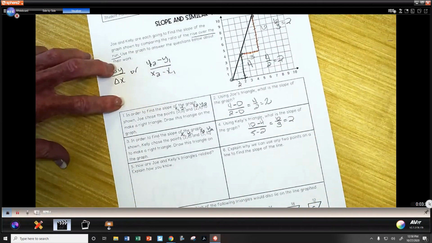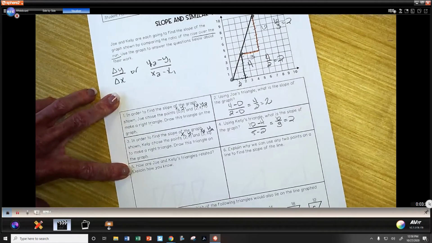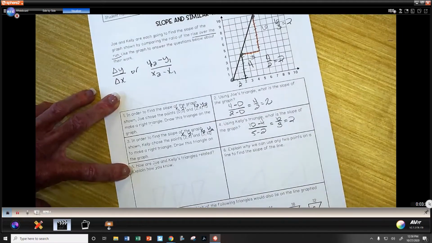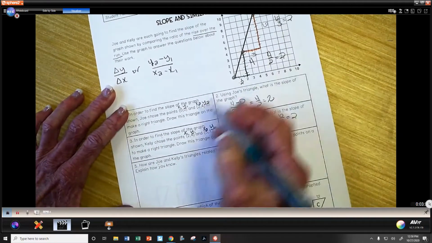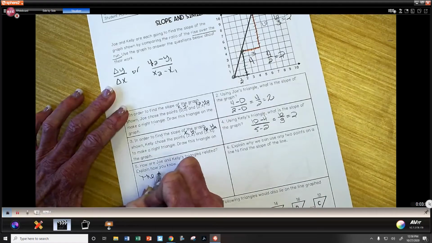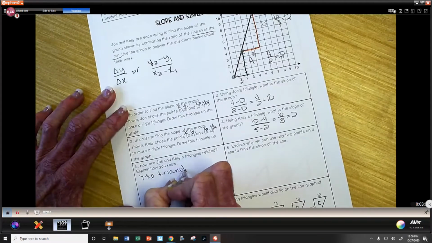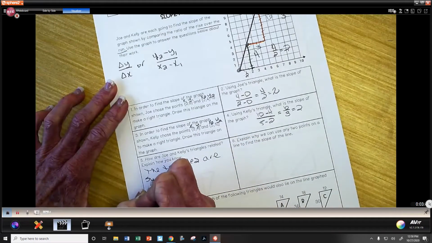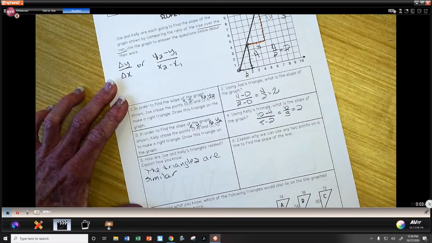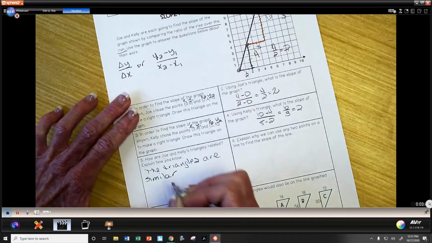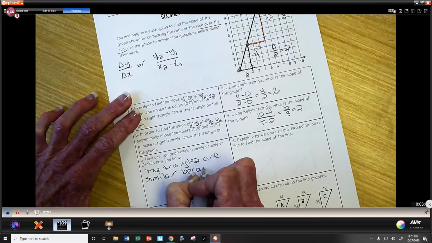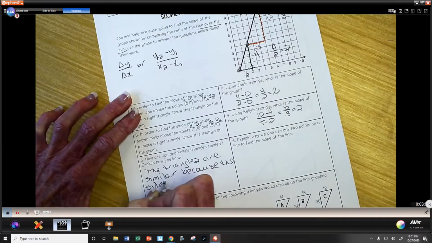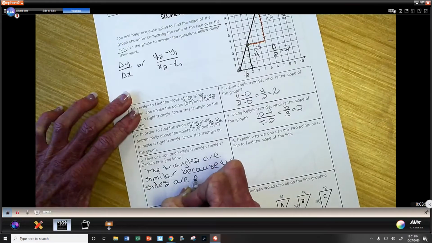Okay, so what that is saying is how are Joe and Kelly's triangles related? Well, they're similar. So the triangles are similar because the sides are proportional.